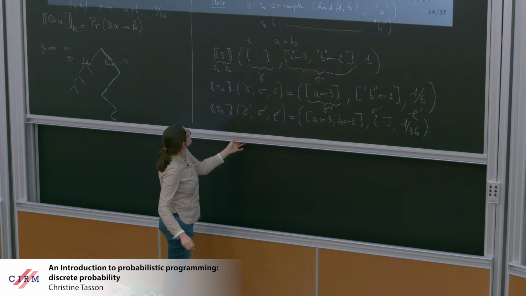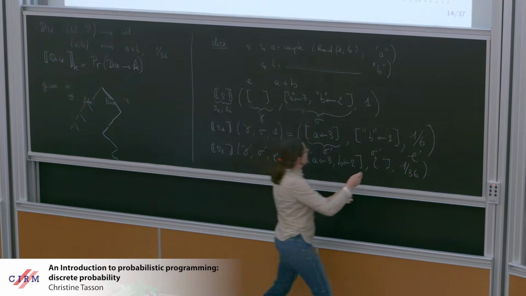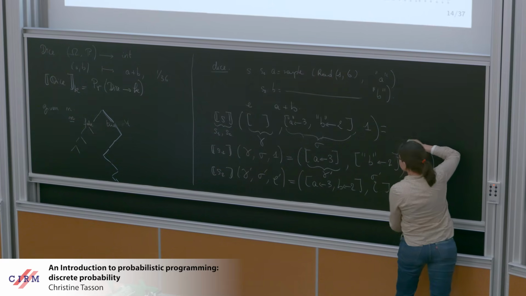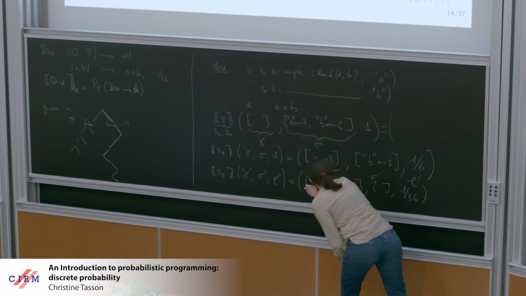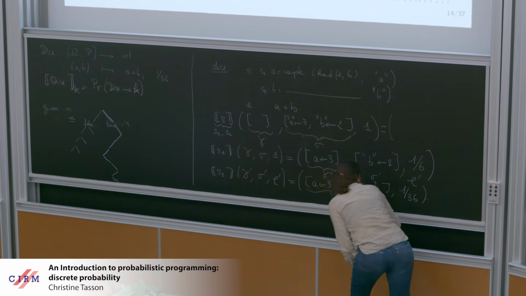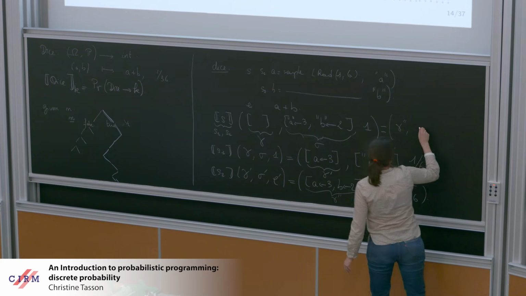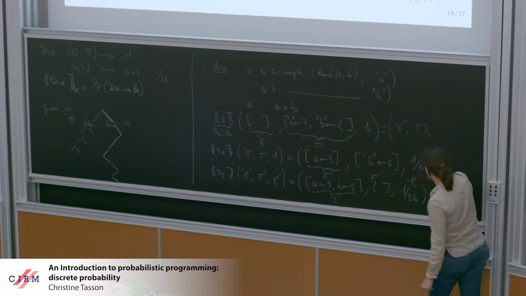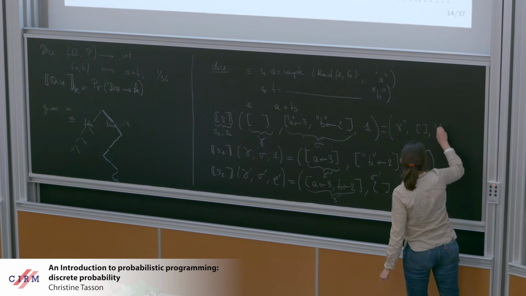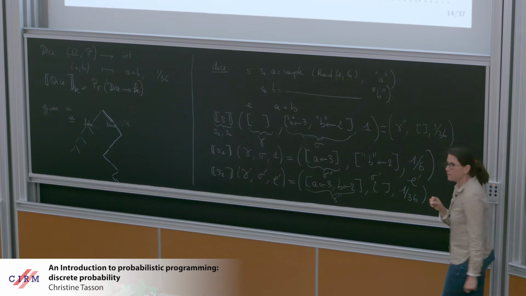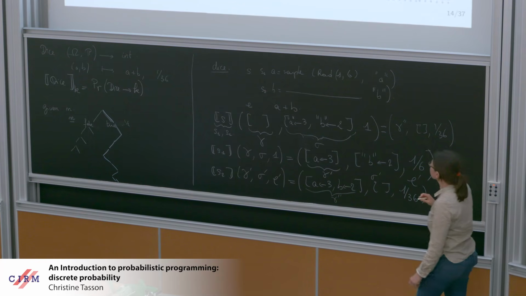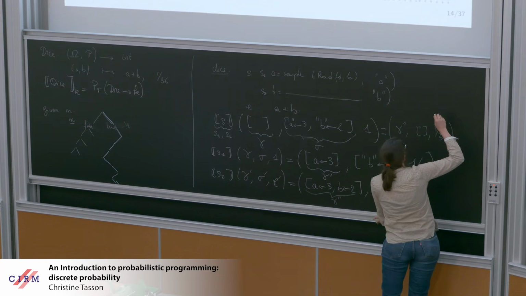Okay, so now I can say that this is gamma second, the empty sampling trace, and 1/36. Okay, and now I can compute the semantic of dice.